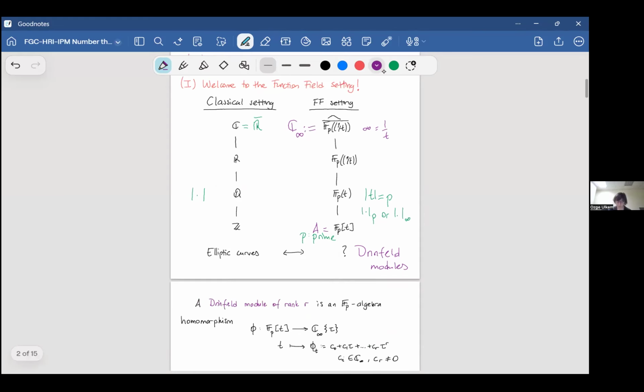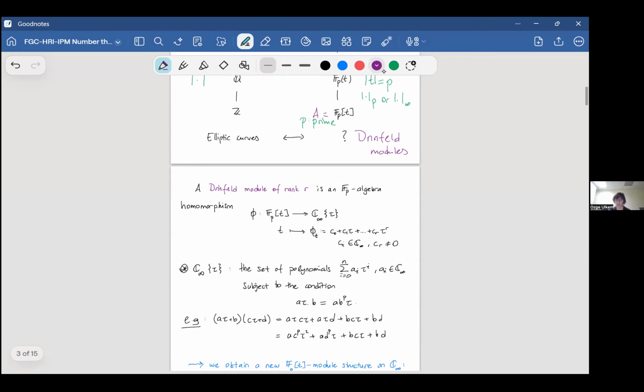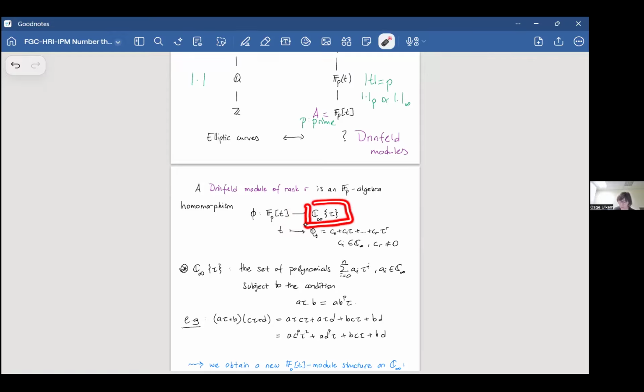So what is a Drinfeld module? A Drinfeld module of rank r is an F_p-algebra homomorphism phi from F_p[t] to C_infinity{tau}, where C_infinity{tau} is the set of polynomials in tau, a non-commutative ring, subject to this condition, where if you want to change elements, you commute them with a twist.